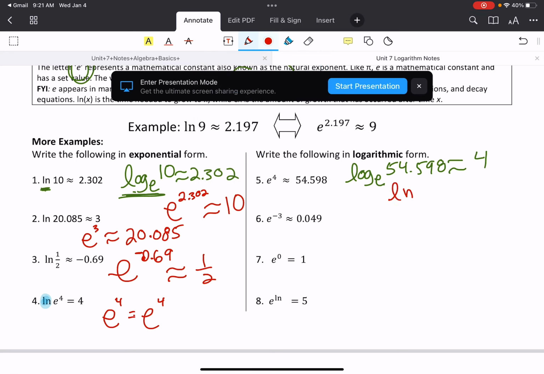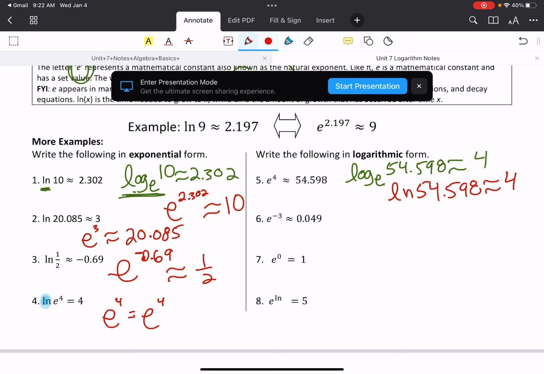But the shorthand is there. So on this next one, I'm going to jump straight to the shorthand.